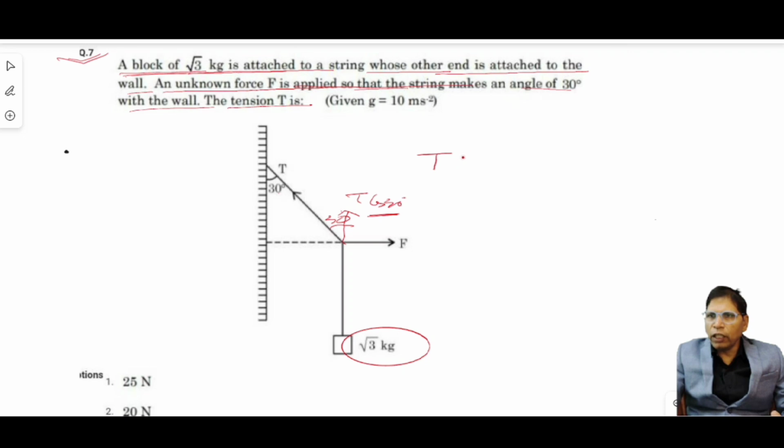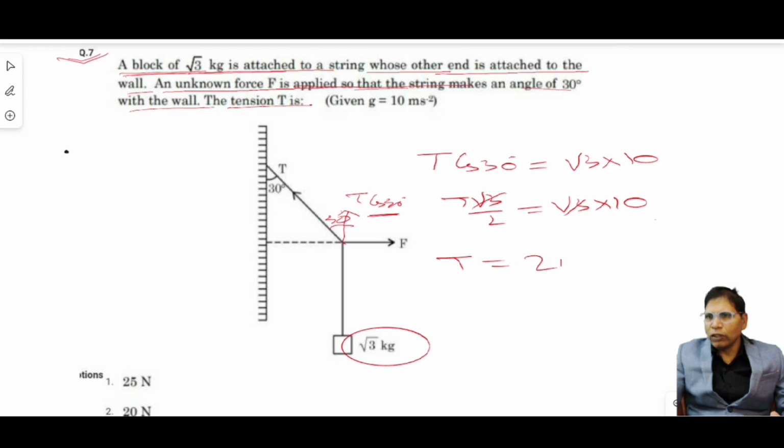So T cos 30 degrees equals the mass root 3 into g, which is 10. Now T into root 3 by 2 equals root 3 into 10. Now this and this cancel out. So T equals 20 Newton. So look at this question, option 2 is correct.